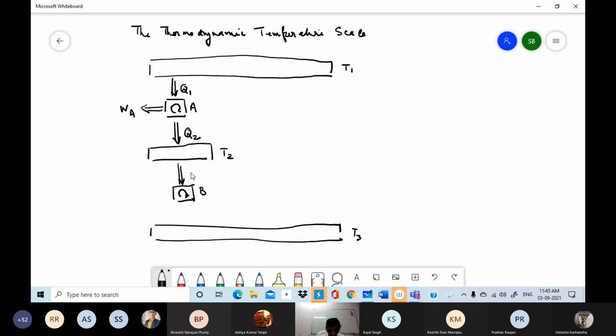Now I operate engines A and B such that the heat rejected by engine A to the reservoir at T2 is exactly equal to the heat transferred from the reservoir at T2 to heat engine B.